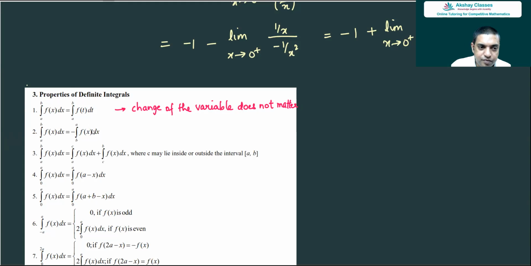Now, if we interchange the limits, integral a to b f of x dx and b to a f of x dx, then the sign of the integral changes by minus 1.